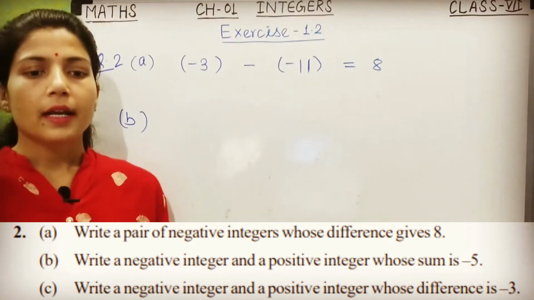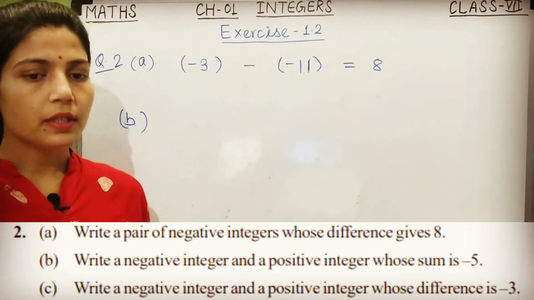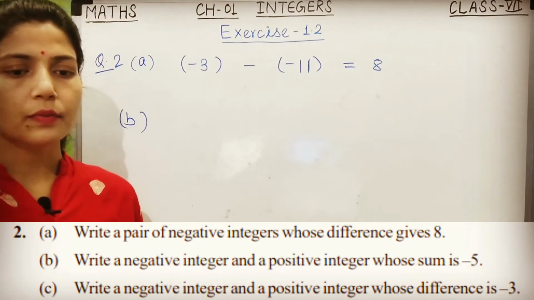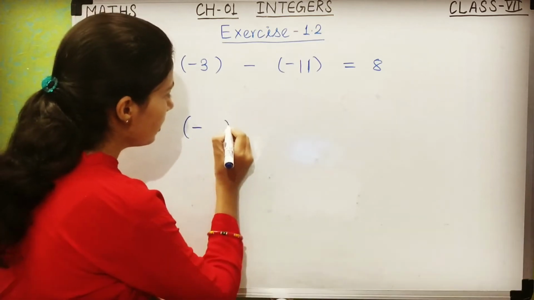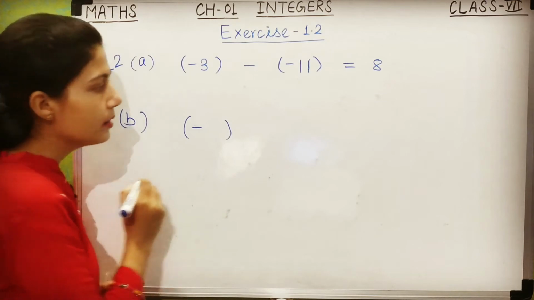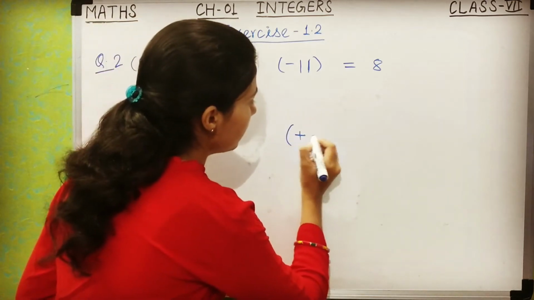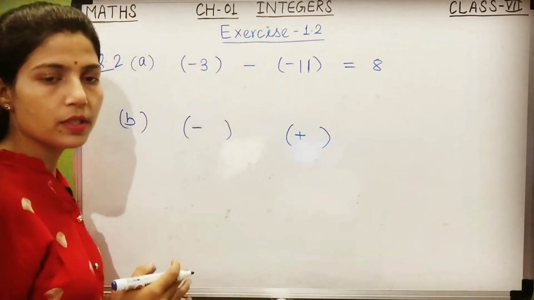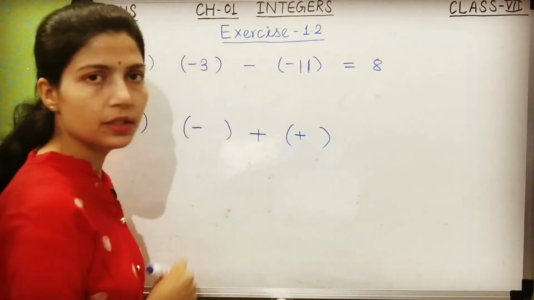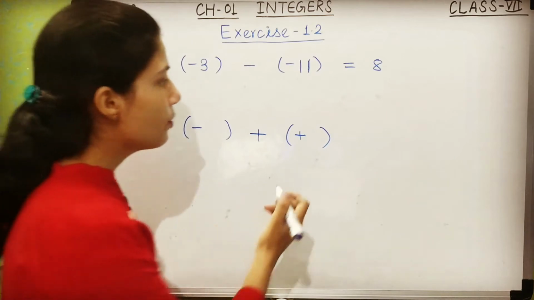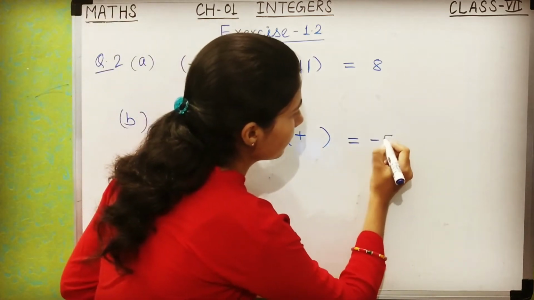Okay, write a negative integer and a positive integer whose sum is -5. Write a negative integer means this integer will be negative, and a positive integer means second one is positive integer, and whose sum, it means there will be addition between these two. Whose sum is -5.